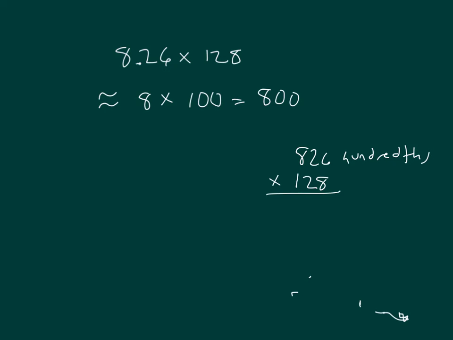8 times 6 is 48. 8, regroup a 4. 8 times 2 is 16, plus 4 is 20. 8 times 8 is 64, plus 2 is 66. Place a 0 because that 2 is worth 20. 2 times 6 is 12. 2, regroup a 1. 2 times 2 is 4, plus 1 is 5. And 2 times 8 is 16. Place 2 zeros, and then we have 826.